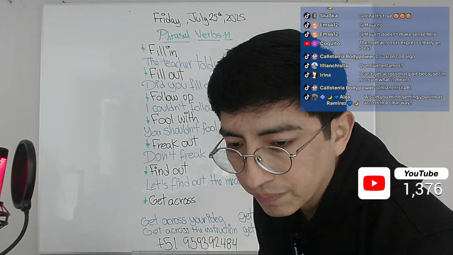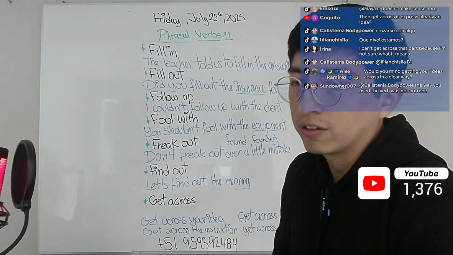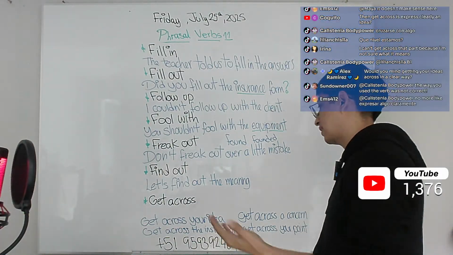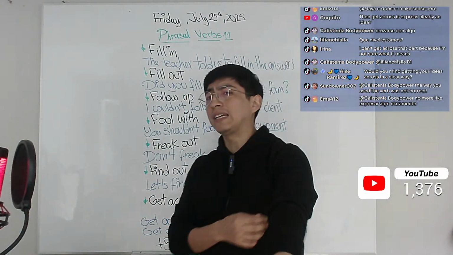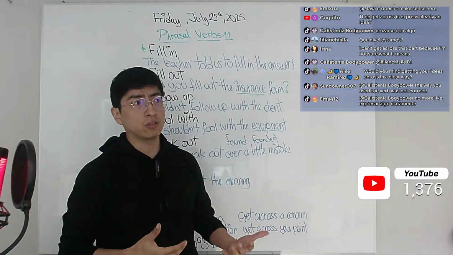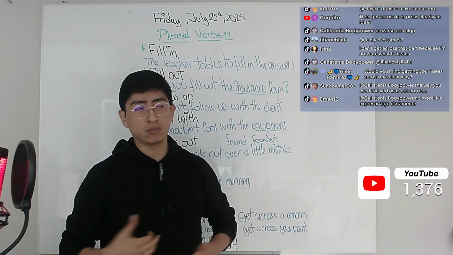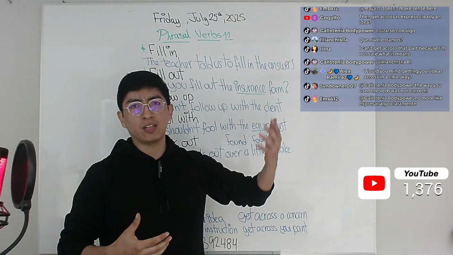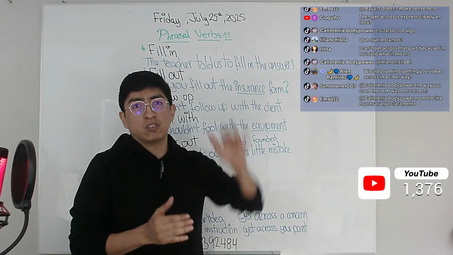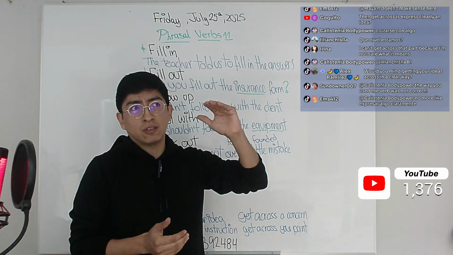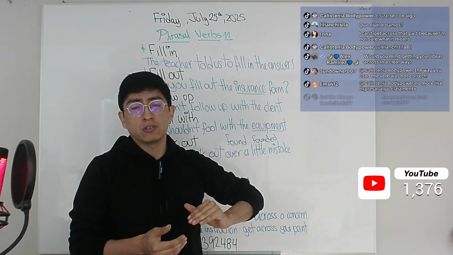Okay, Coquito, hello. Then get across is to express clearly. To express an idea clearly. Exactly. Get across your idea, especially in a context. For example, when you are part of a delegation and you have to present, we have a problem here, and this is what causes the problem, and these are the consequences.